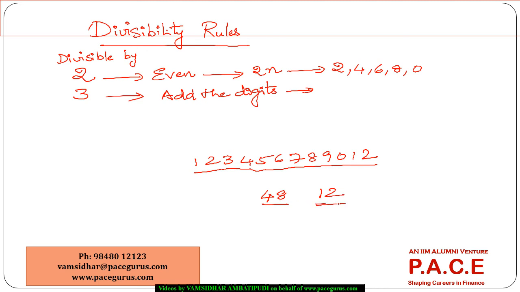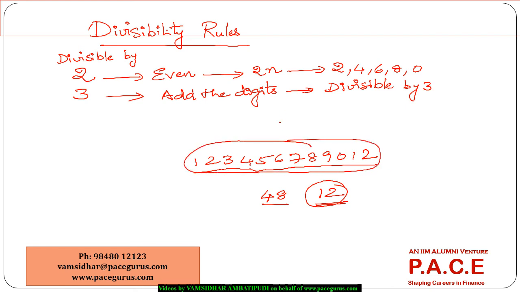So what I really want to see is if this number is divisible by 3 after I add up. If it is divisible by 3, then this entire big number is divisible by 3. So the sum of all the digits, if it is divisible by 3, then I say the entire number is perfectly divisible by 3. That's the rule for divisibility by 3.